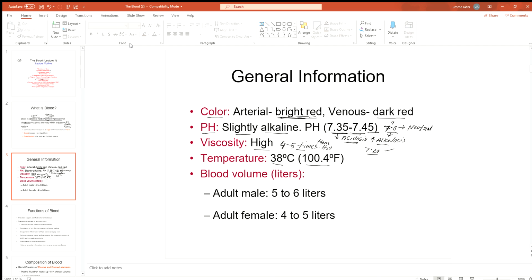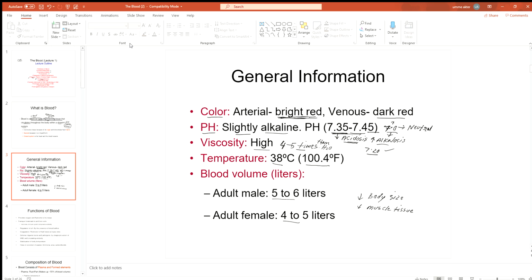Volume of blood. Total volume in adult male is 5 to 6 liters and adult female 4 to 5 liters. Why is the total volume of blood less in female? Number one, female body size is smaller, so smaller body size in female, and number two, female has less muscle tissue in the body, more fat than male.